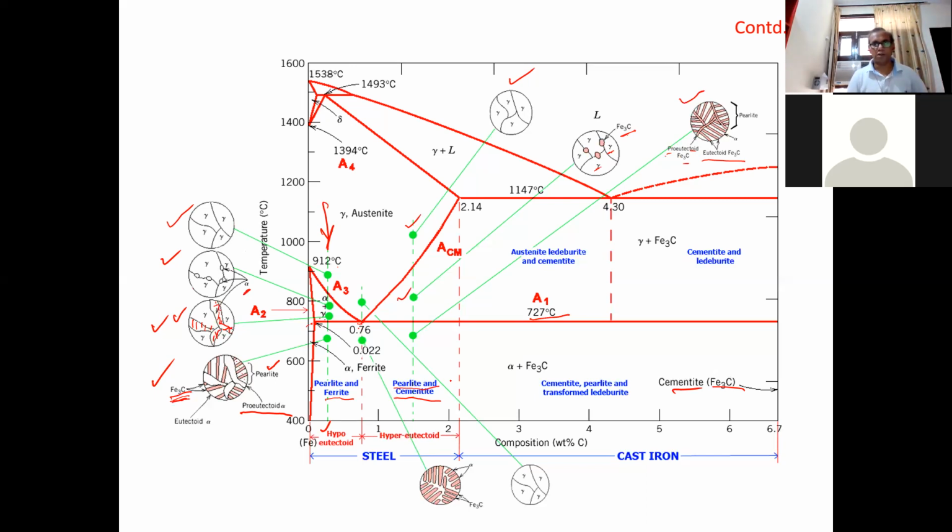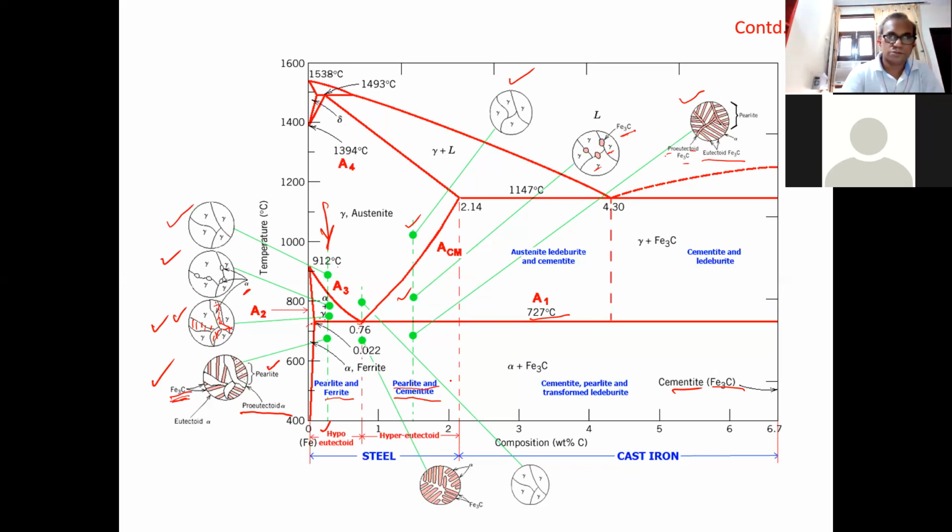So this way we come to understand how this iron carbon diagram is plotted, how it is understood, how the structure changes, and how the properties are related to that microstructure. And the microstructure is also influenced by the alloying elements present in the iron and carbon.